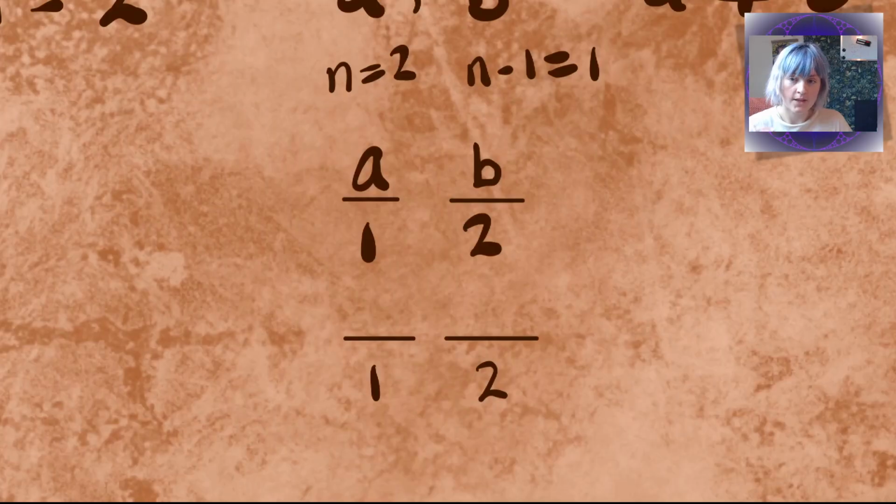So what we notice is that we really were only able to come up with two distinct arrangements, which is equal to 2 factorial.